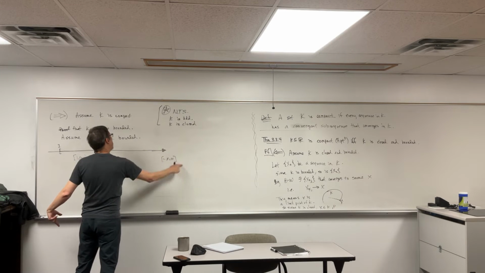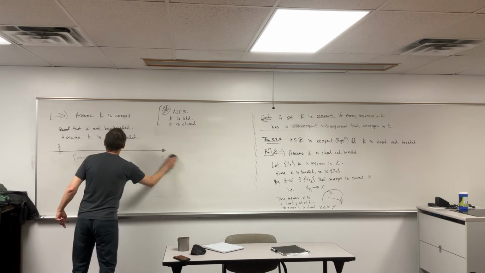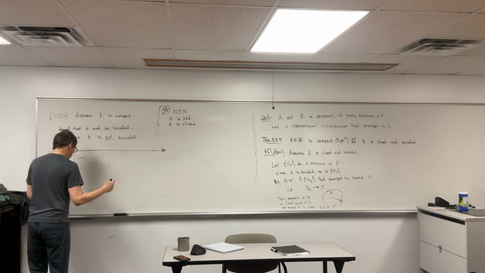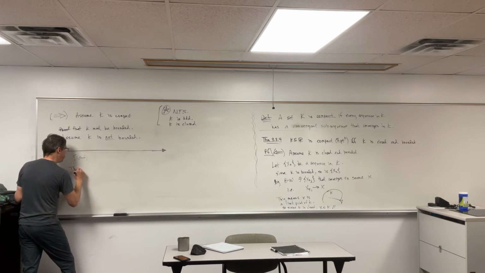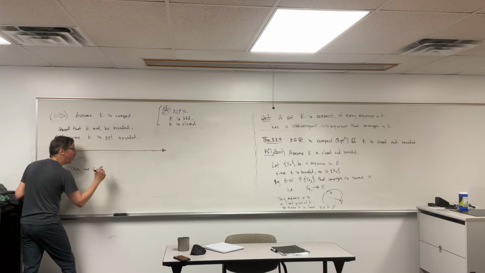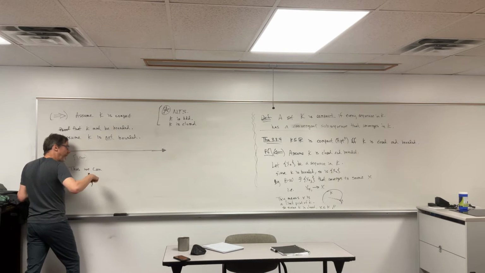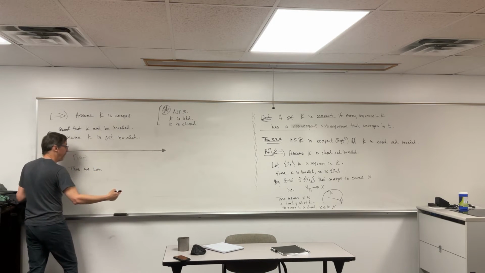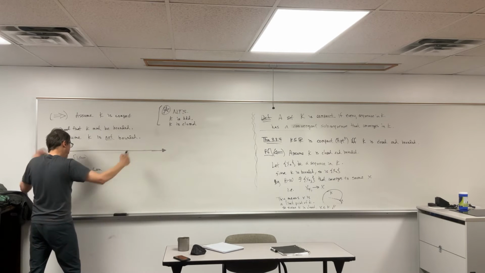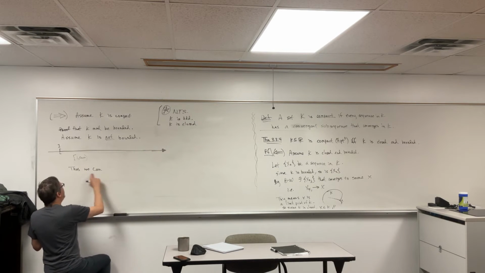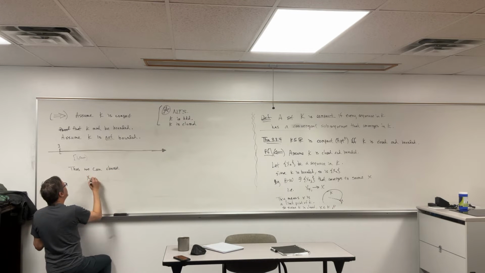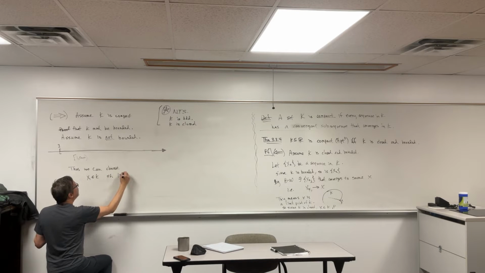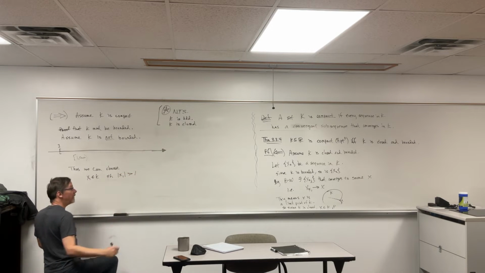There's no window like this that I can put the whole set inside. Since K is unbounded, we're going to build a sequence of points that can't have a convergent subsequence because of this unboundedness. Thus, we can choose an x1 in K such that the magnitude of x1 is bigger than 1.